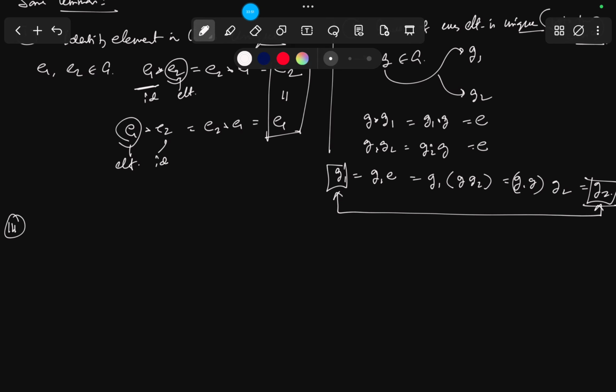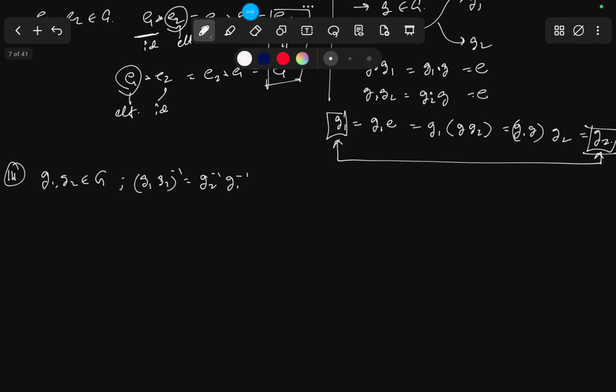Secondly, let us consider two elements G1 and G2 in G. Then the inverse of their product is G2 inverse times G1 inverse. Now, as we said the inverse is unique, it is enough to prove that G1 G2 has the inverse G2 inverse times G1 inverse. So let's take G1 G2 times G2 inverse G1 inverse.